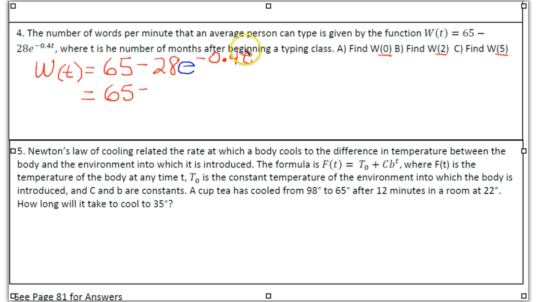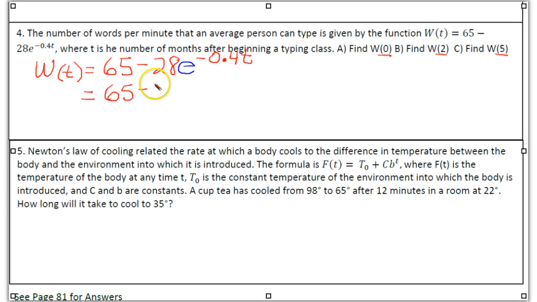So if I put a 0 where the t is, this becomes 0. So we're saying e to the 0 power. Well, what if we said anything to the 0 power is what? 1.